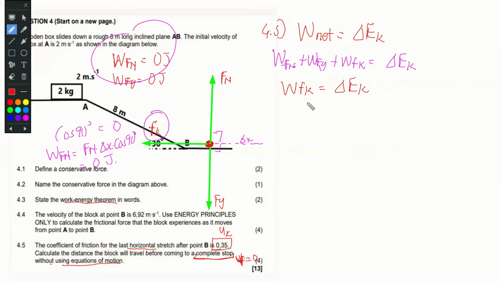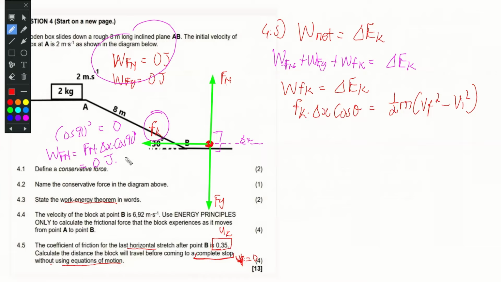Okay, so now at this point, we can break down the work done by Fk to Fk delta x cos theta is equal to what? Half m bracket Vf squared minus Vi squared, right? Then again, note that the 0.35 that we are given here is not Fk, right? It is the coefficient.